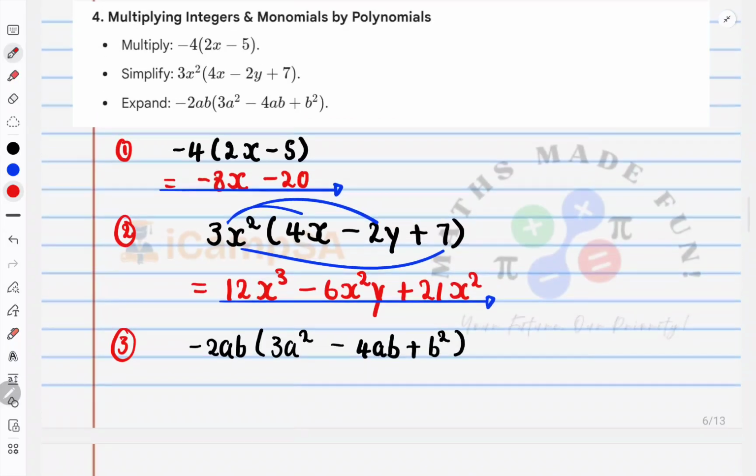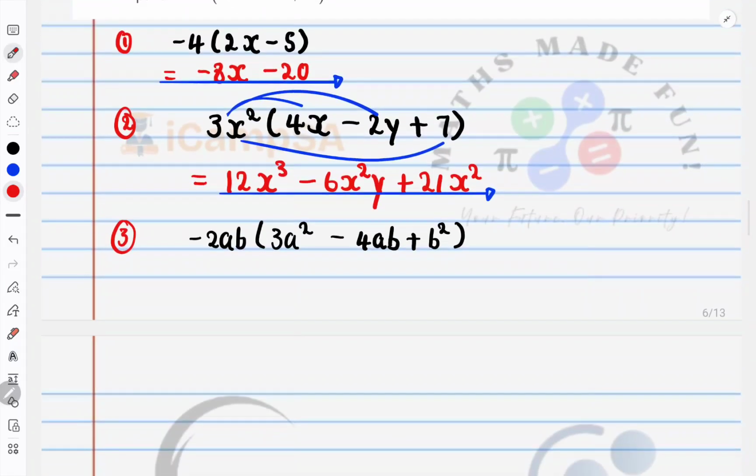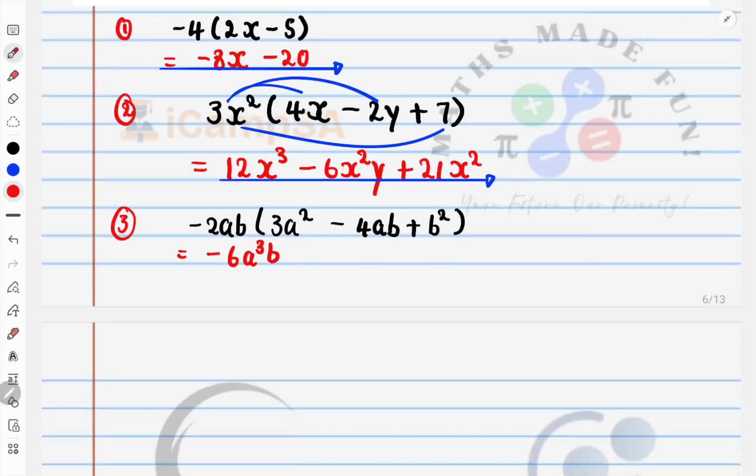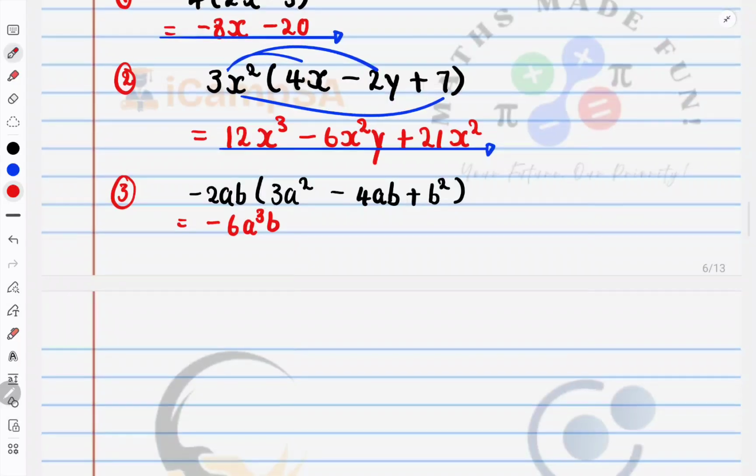Each term in front of the bracket into each and every term. So minus 2ab multiplied by the first term will have minus 6a cubed b. Okay, and then the term outside of the bracket multiplied by the middle term, negative and a negative, we have a positive, and that gives us 8ab.